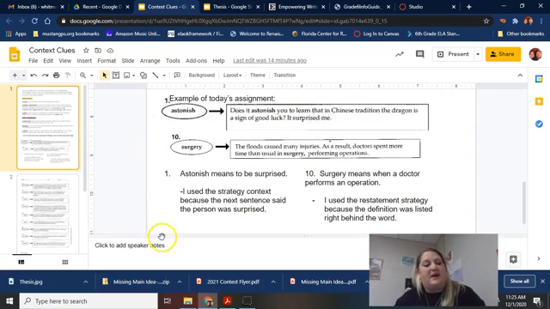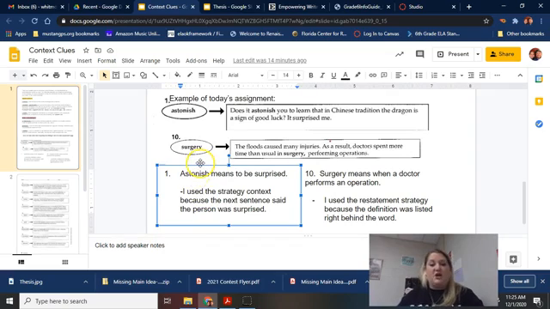So I would come down to my box, which for you guys is on slide 3, and type in the box: astonished means to be surprised. Well, how did I figure that out? If you ask yourself, what does astonish mean? Oh, it means surprise me.